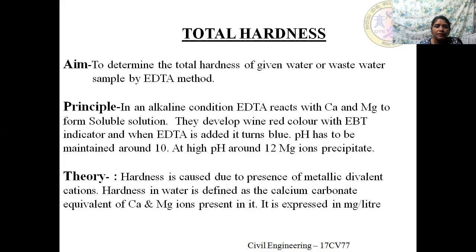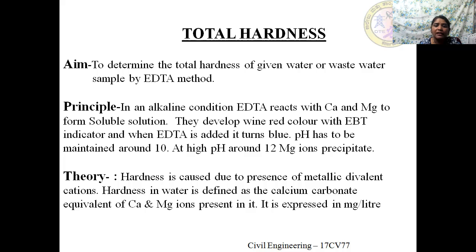Coming to the principle, we know water consists of carbonates and bicarbonates of calcium and magnesium. So in an alkaline condition, this EDTA, which we will be using as a titrant, reacts with the calcium and magnesium ions of the water and forms a soluble complex.